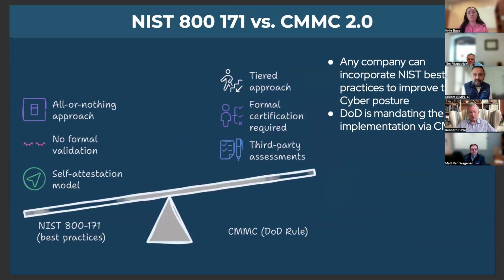Yeah, so we did talk a little bit about this. Why did the CMMC program even come about, right? Why didn't they just say, hey, just do NIST 800-171? Because NIST by itself is not a model that validates whether you've done it. It's a very self-attestation model.